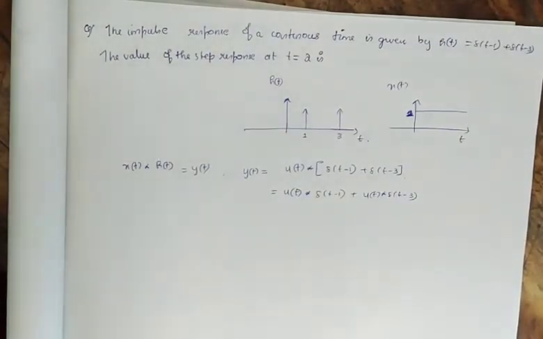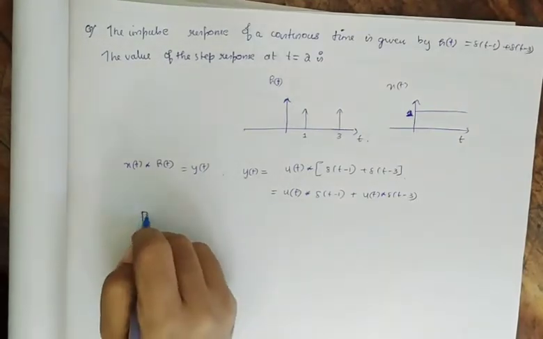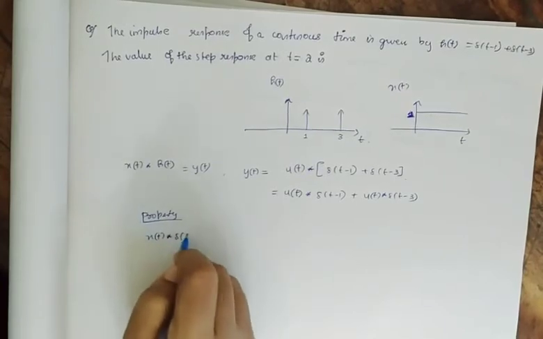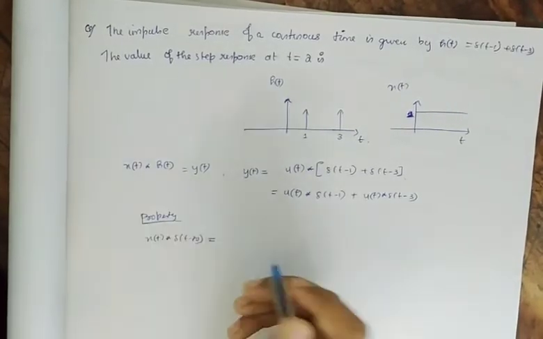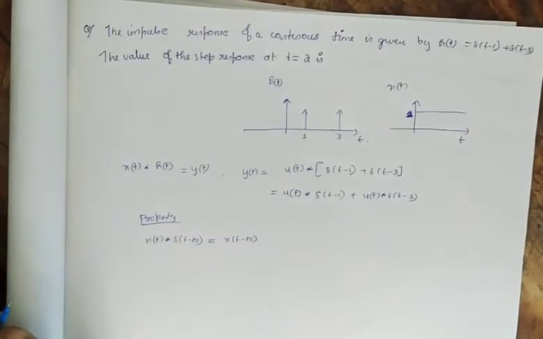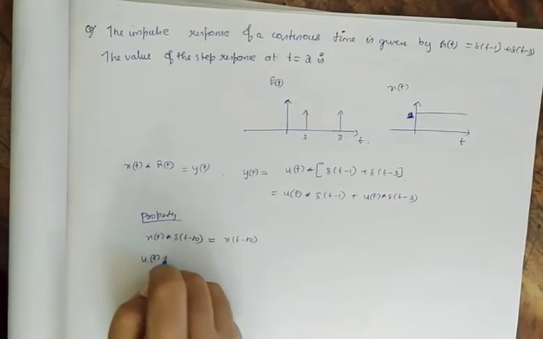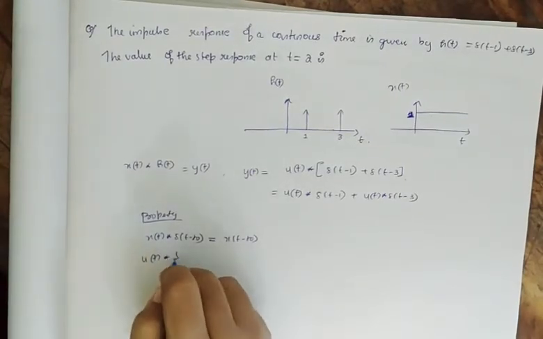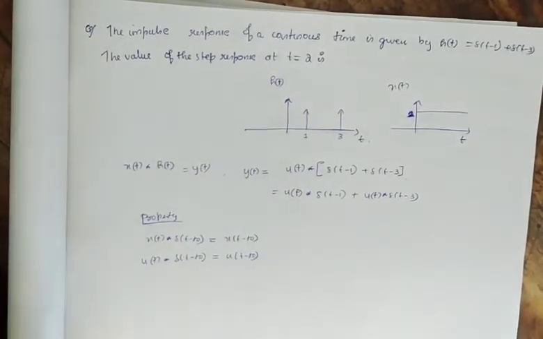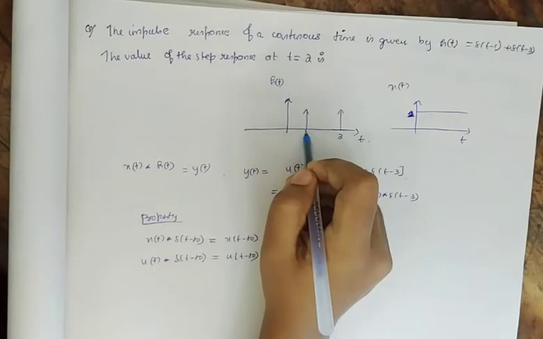Now we are going to use the property of the impulse: if x of t is convoluted with delta of t minus t0, we can write it as x of t minus t0 only. That means if u of t is convoluted with delta of t minus t0, the answer will be u of t minus t0.